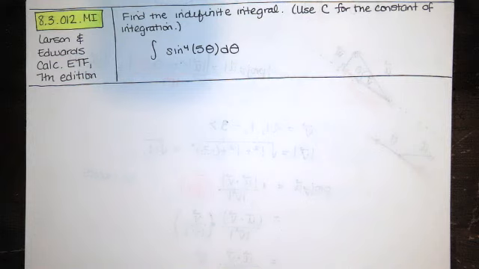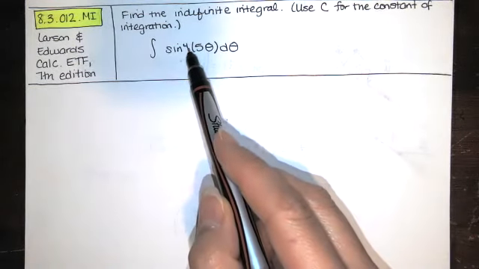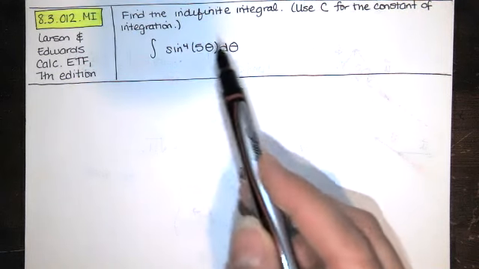Well, if we look at our guidelines for integrals involving the powers of sine and cosine, we see that if the powers of sine and cosine in our problem are all even and non-negative, and they are, we don't have any cosines. Obviously, a 4 is a positive even number.